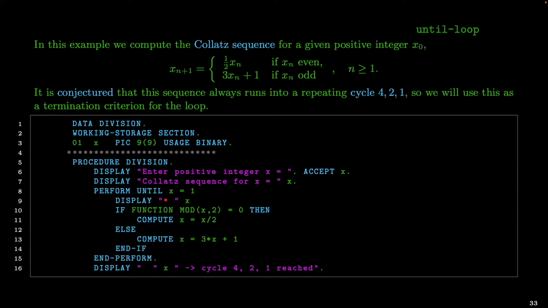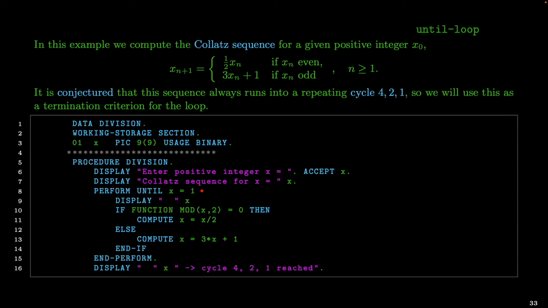And this I repeat until I hit the element 1, and then I will output the message that we've reached our cycle 4, 2, 1. And of course, I could quit the sequence already when I hit the number 4, because I would know that then 2 and 1 would be the next elements.